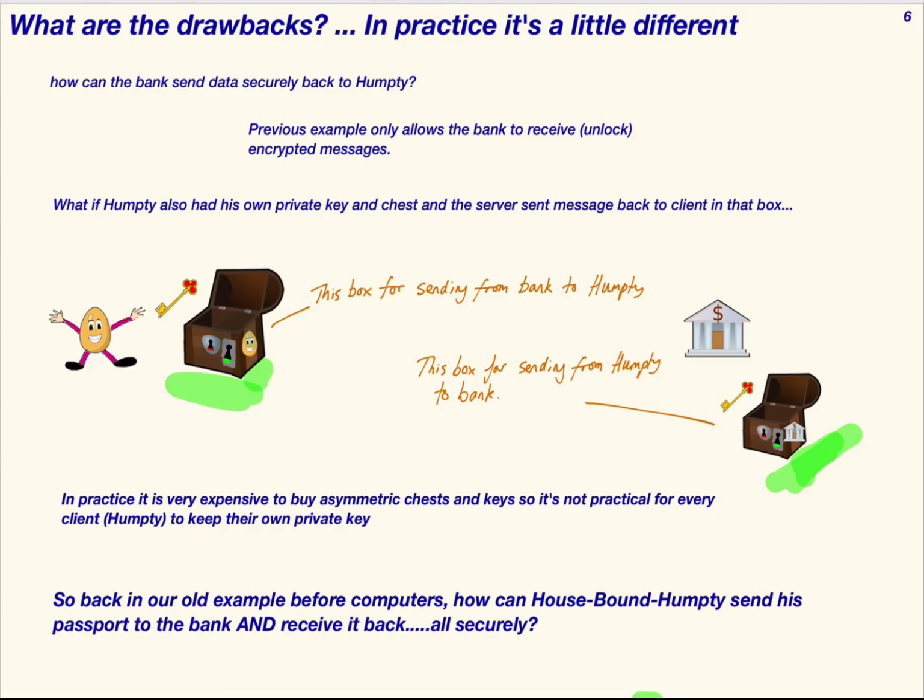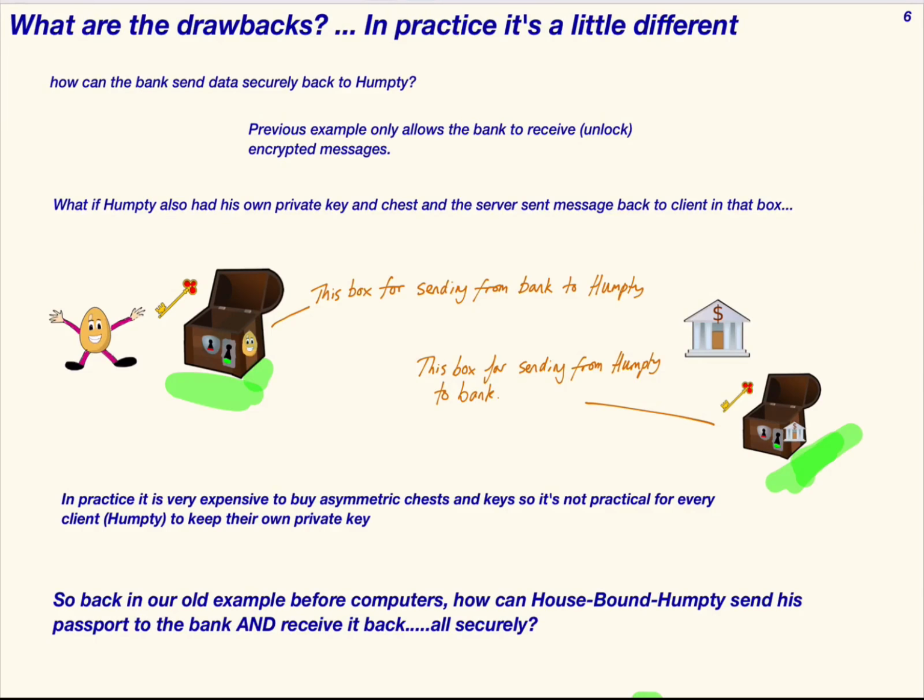But that's extremely inefficient, and these boxes, we're going back to talking about boxes now, let's say they're very expensive, very inefficient, very heavy. So basically what we need to do is find a better way to enable Humpty Dumpty and the bank to exchange their passports securely, bi-directionally, in both directions, not just Humpty sending it to the bank, right?